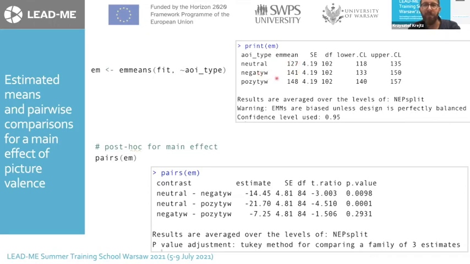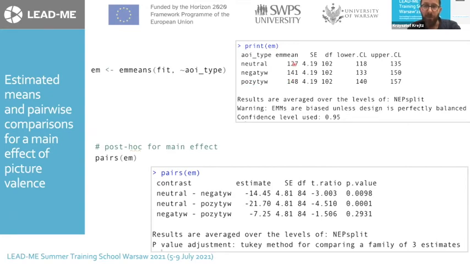Negative AOIs got on average 141 fixation duration, and fixation on positive pictures was 148. So even looking at these means, we are closer to confirming the first hypothesis. Negative and positive pictures got pretty similar average fixation duration, higher than neutral pictures.